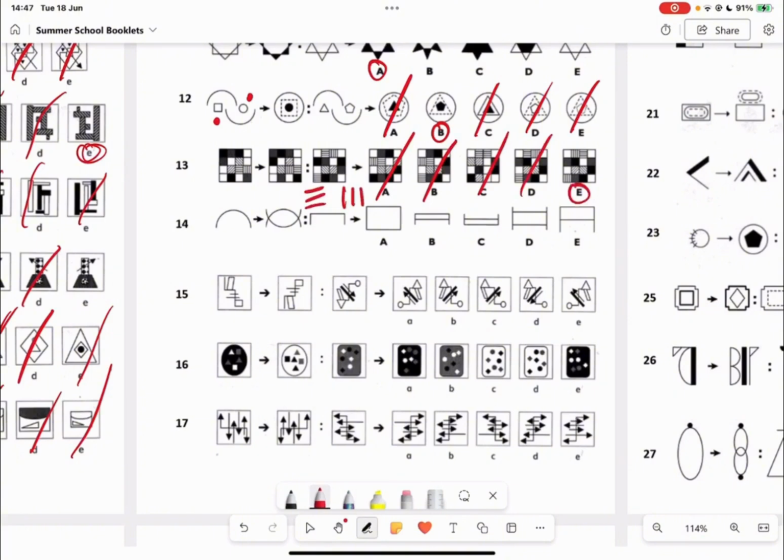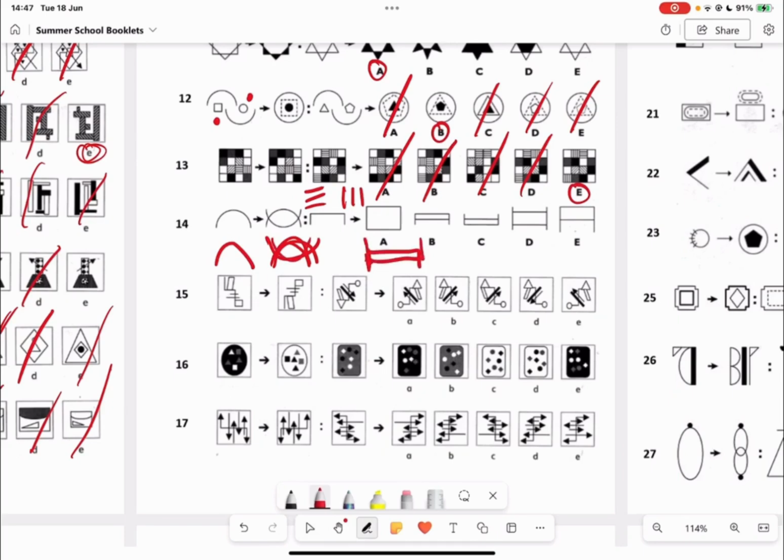Then in 14 we have a semicircle, and this becomes a reflected semicircle that overlaps another semicircle in the same orientation as our original one. Now what we're going to expect is our rectangle with another rectangle overlapping.